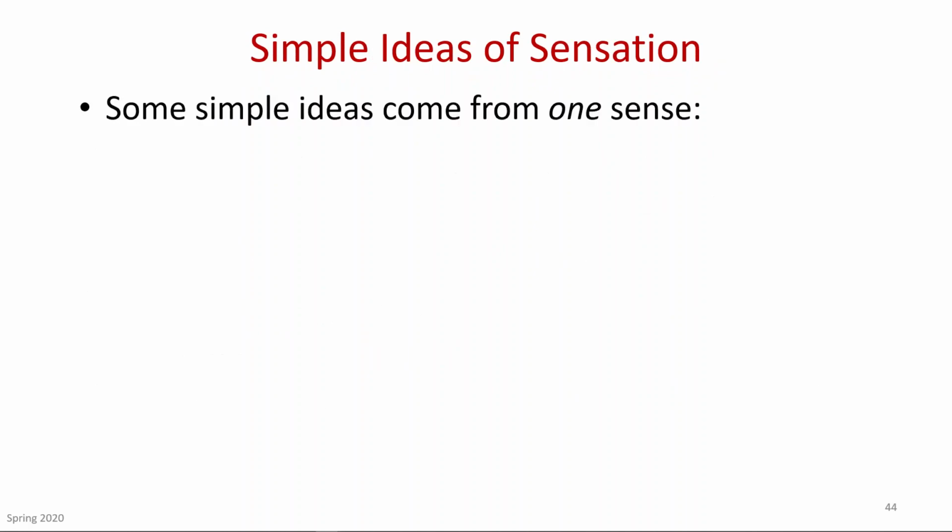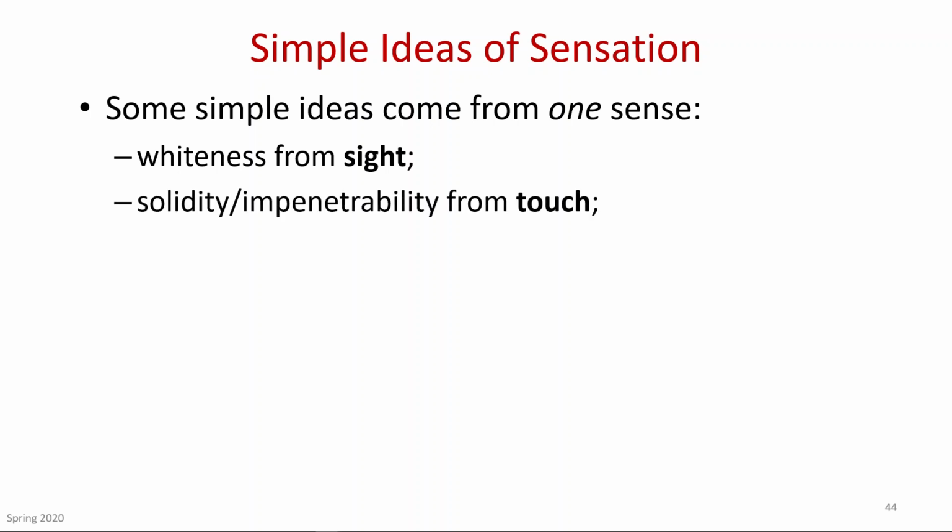Some simple ideas come from one sense. Whiteness or yellowness or blueness come from sight. Solidity, Locke understands to be the same thing as impenetrability. That idea comes from touch.